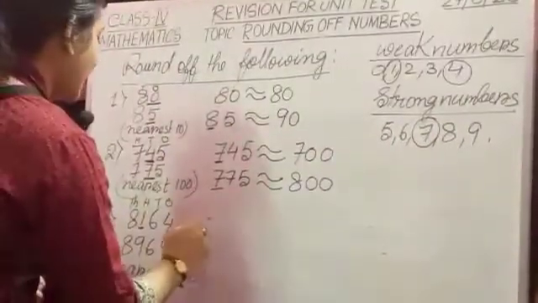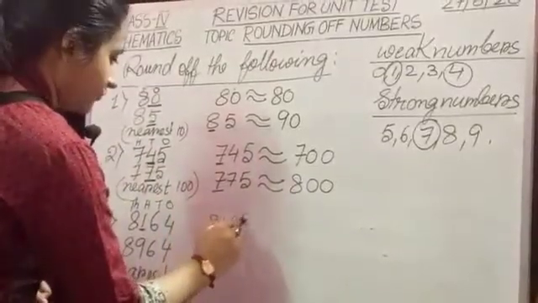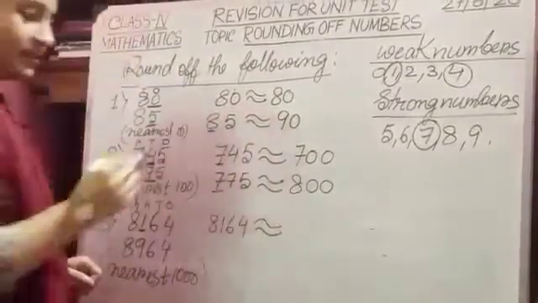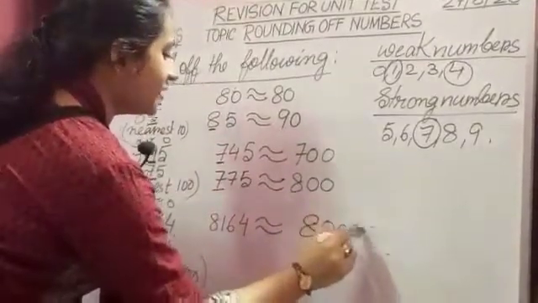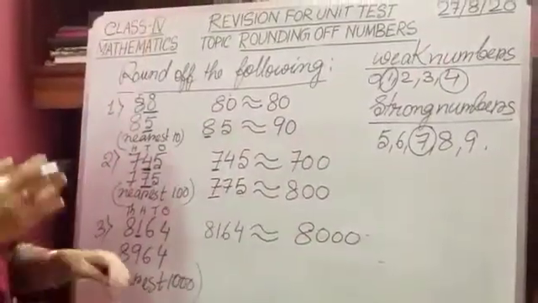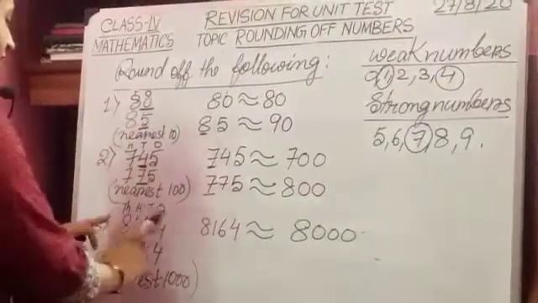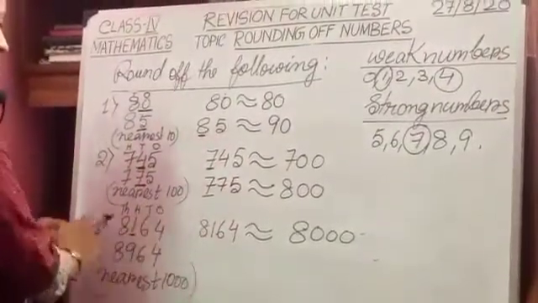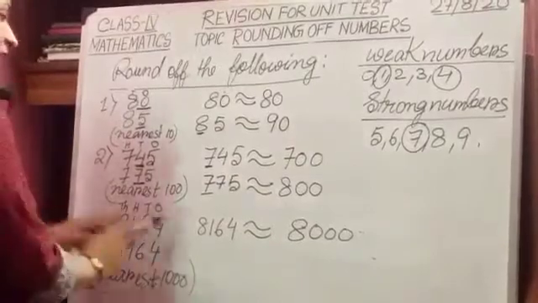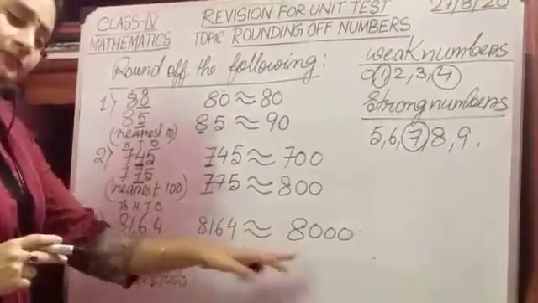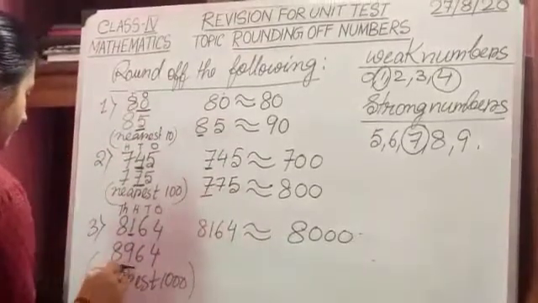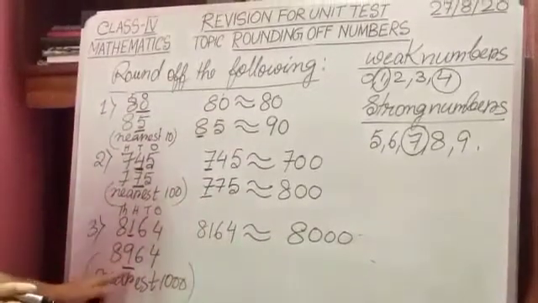Therefore 8164 can be rounded off to 8,000. Right? That means the lesser thousand. This one sits between the 8,000s and 9,000s. Right? So the lesser thousand will be 8,000. Now, here, see, what is there under the hundreds column?